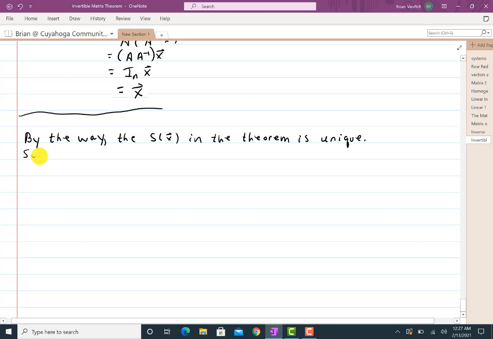Suppose T circle V of x equals V circle T of x, and that equals x, just like T circle S. Then what we have is V of x. That'll equal V of T circle S of x.